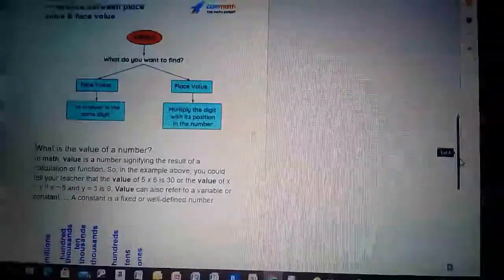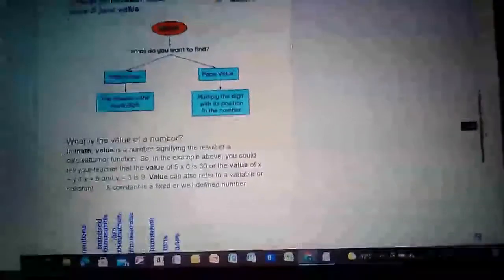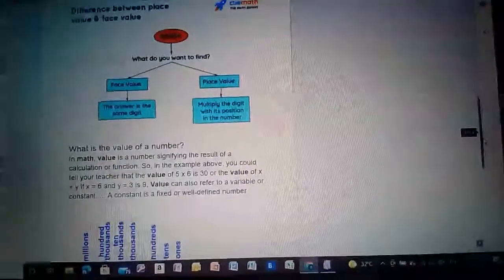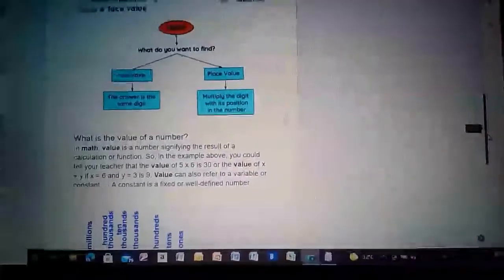Are you finding the face value or the place value? Remember, the face value of the 4 in the 10,000 is 4. Of the 6 in 600, the face value is 6, the digit by its position.